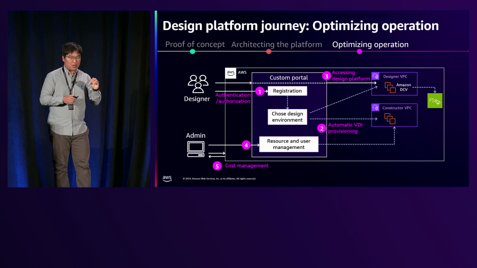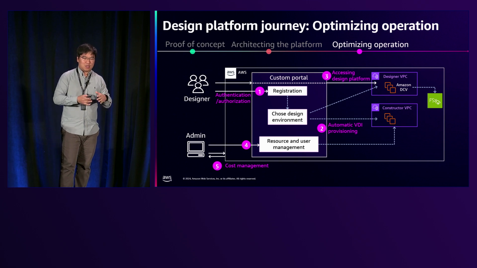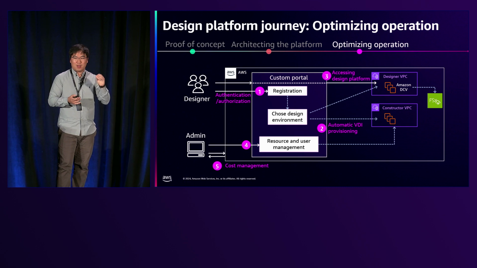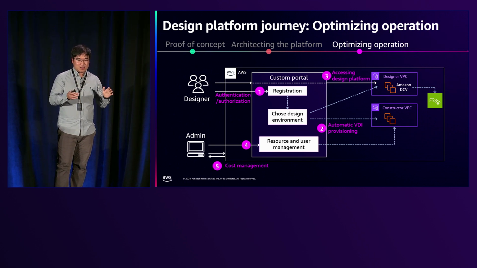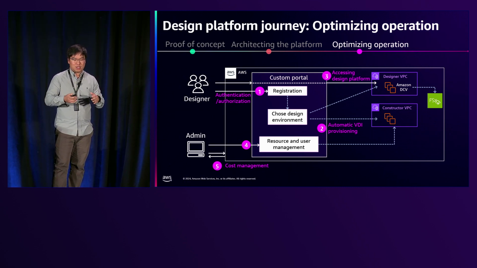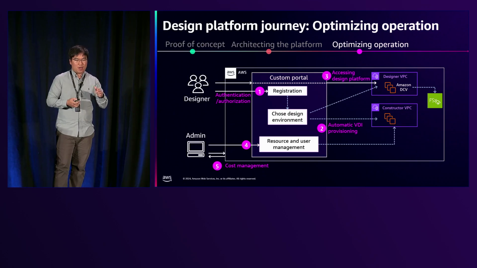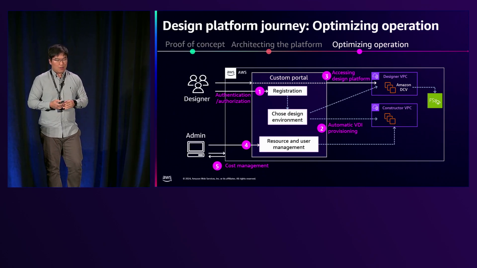On the backend, the deployment of the EC2 is done, and then they access the design platform directly. During this process, not only the EC2 is provided, but the network configuration, such as the FXX configuration, is already built into the backend system. So they connect directly to the design platform, as shown in number 3. This is the automation process so that they can self-service for all the procedures.